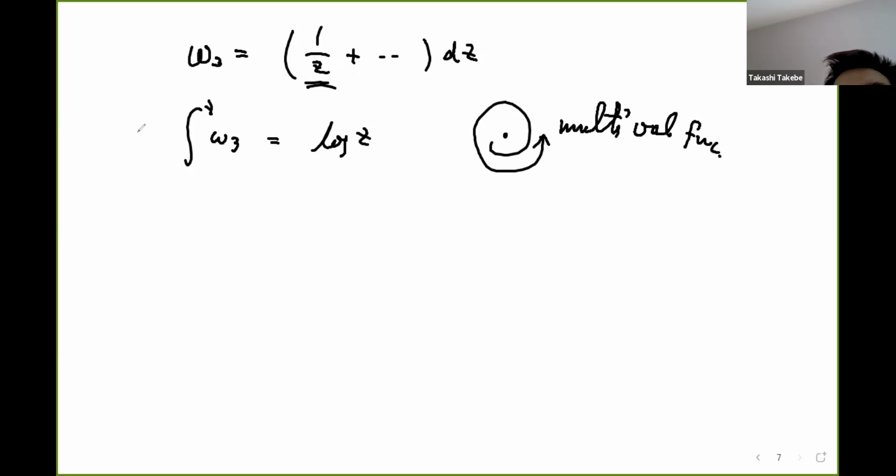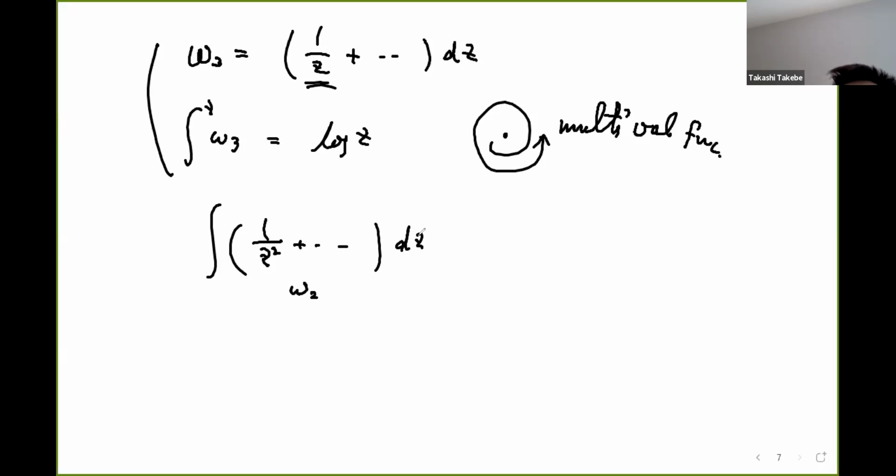So it's also bad to consider the inverse function of such a function. And when omega 2, the abelian differential of the second kind, has a second order pole without residue.